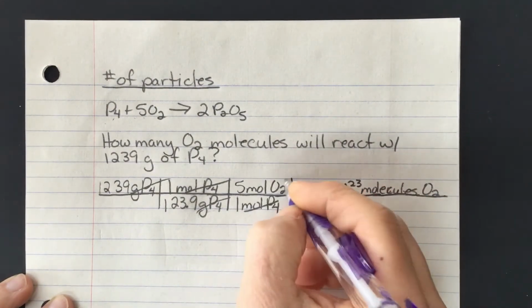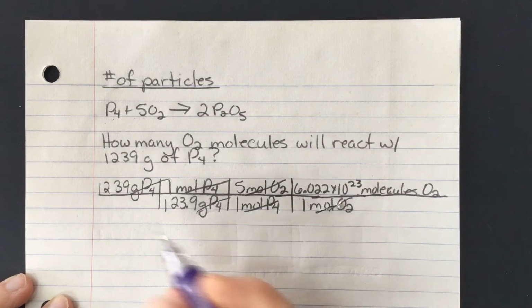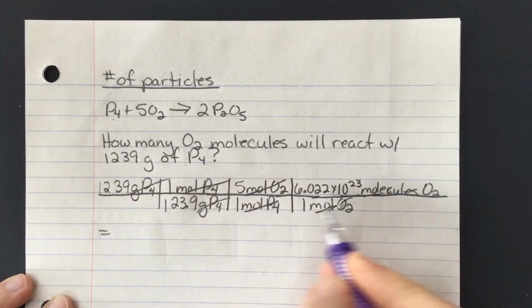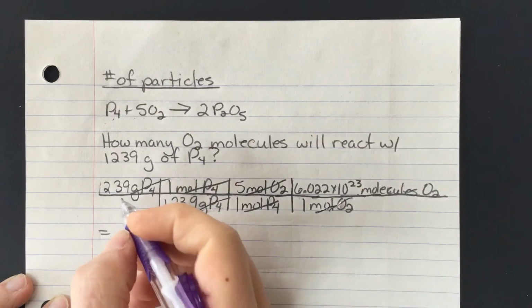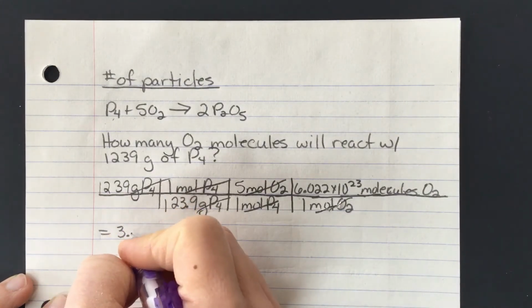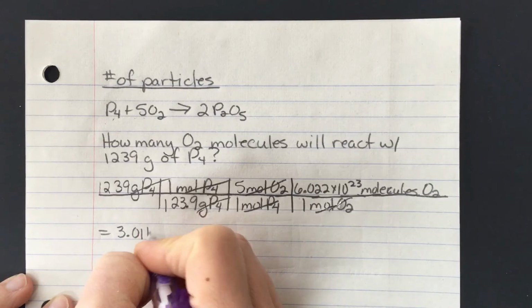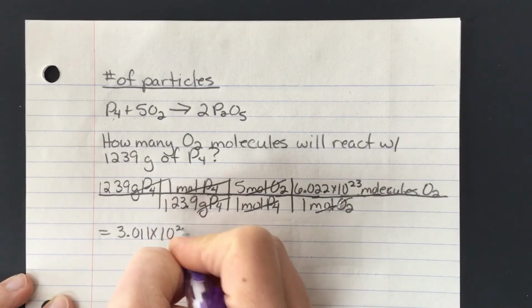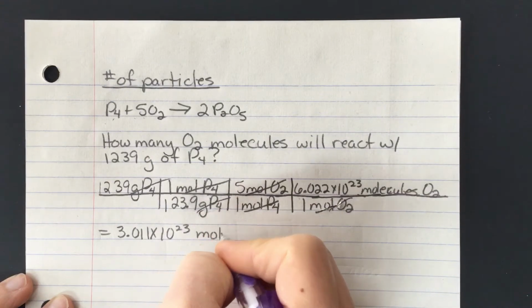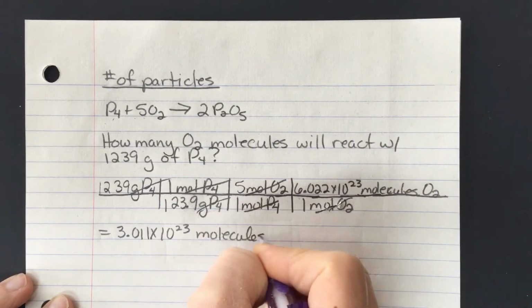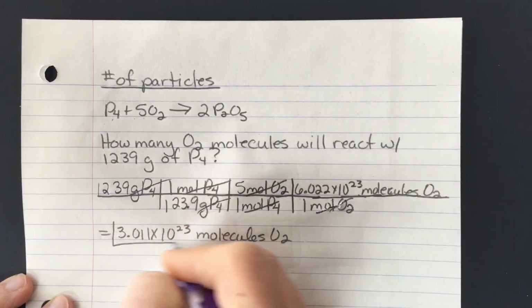Our moles cancel there. So when I multiply across the top and divide that by what's on the bottom, I get 3.011 times 10 to the 23rd molecules of oxygen.